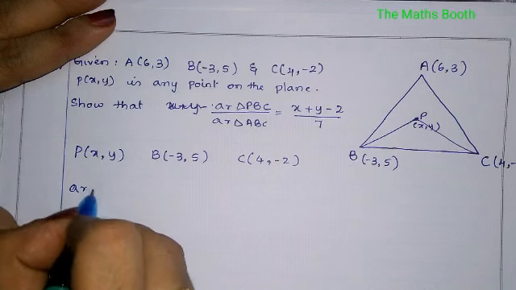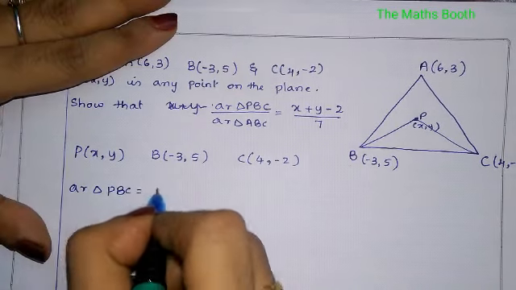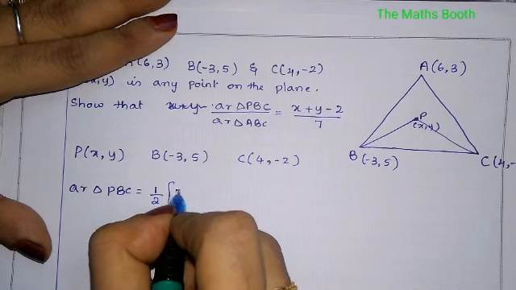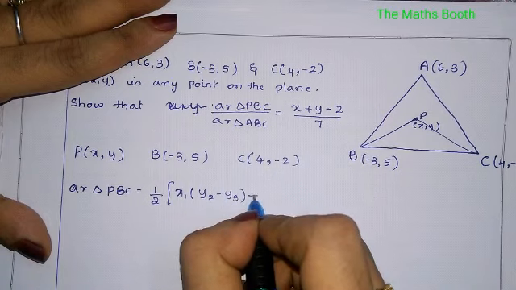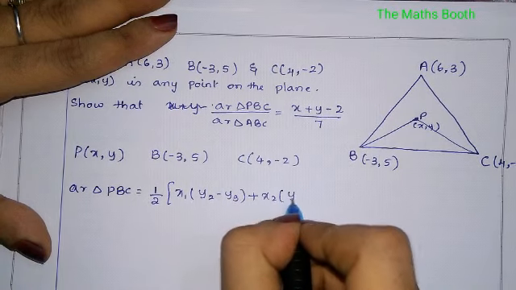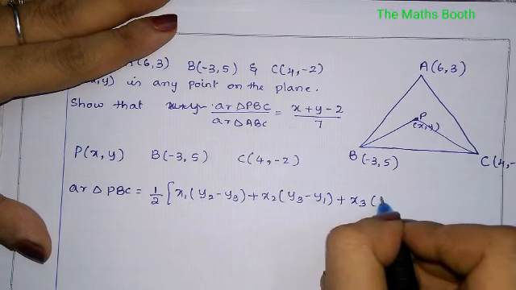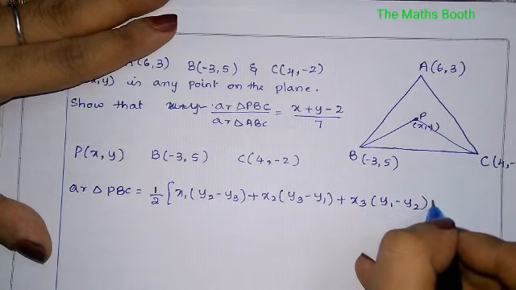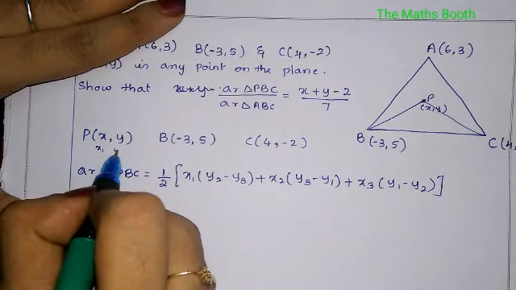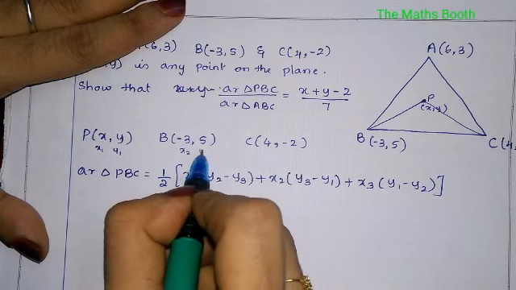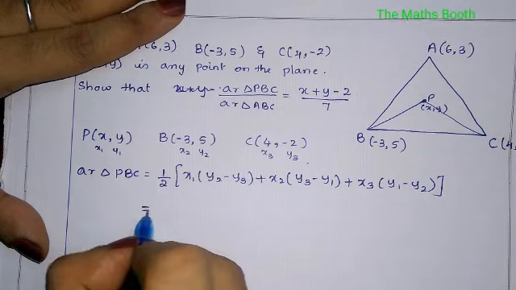We know that area of triangle PBC is equal to half [x1(y2 - y3) + x2(y3 - y1) + x3(y1 - y2)]. This is the formula for area of triangle. Now first point is (x1, y1), second point (x2, y2) and third point (x3, y3). Okay, let me solve now.